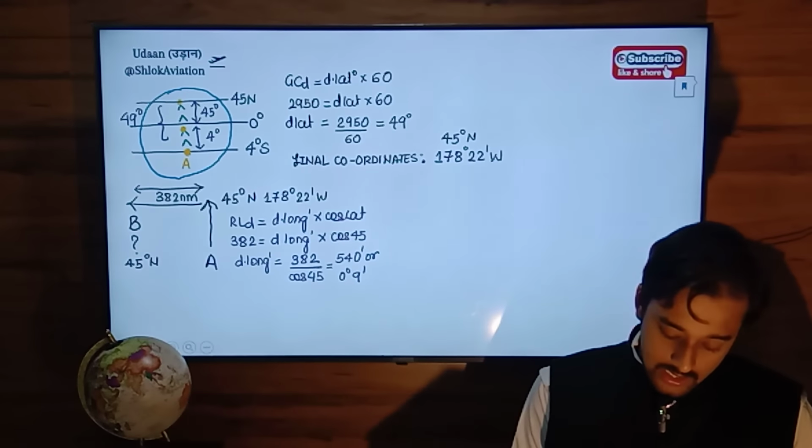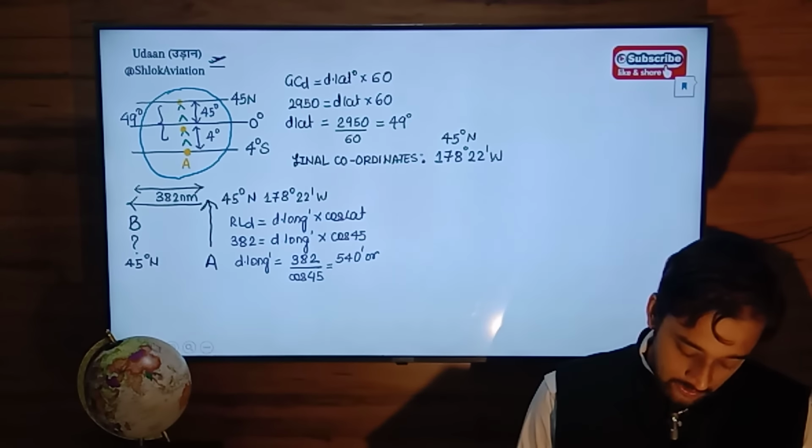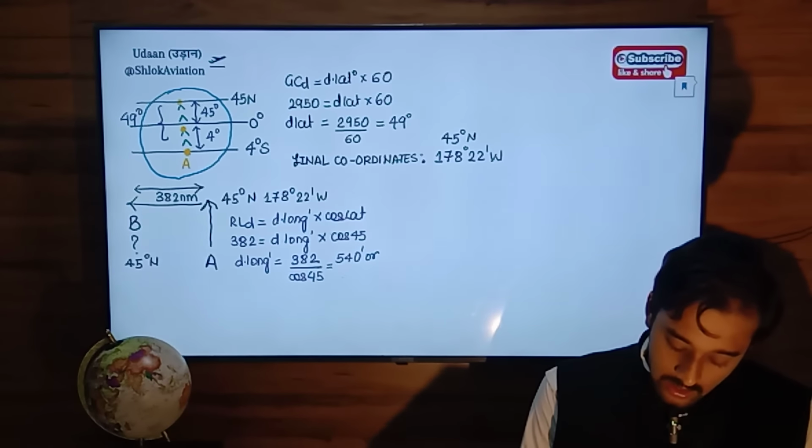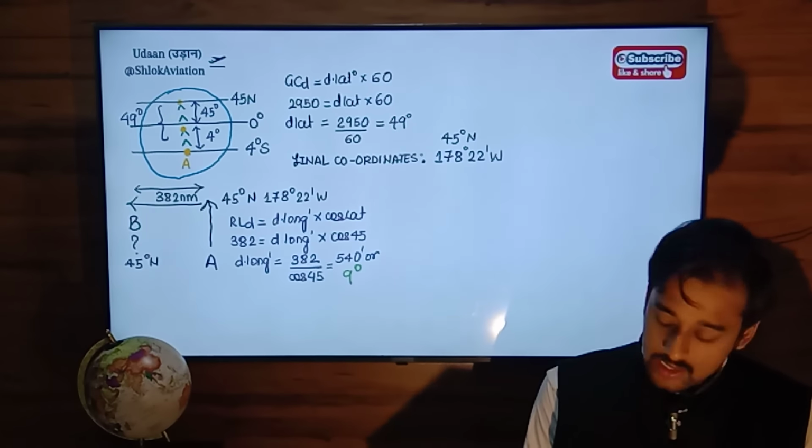Correction, this is 9 degrees, not 9 minutes. 540 minutes is equivalent to 9 degrees.